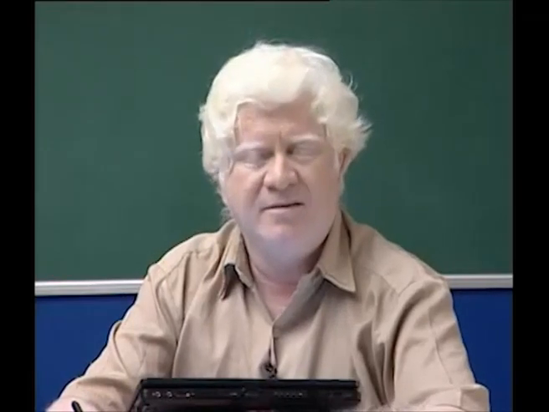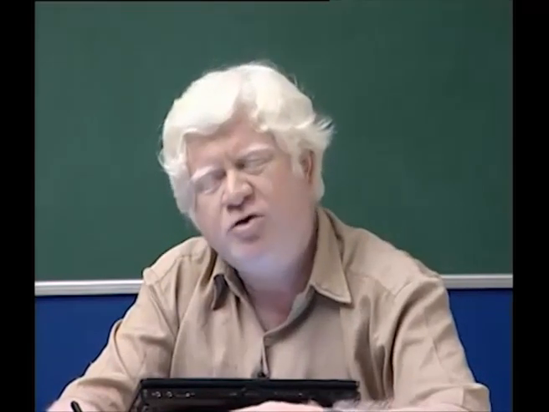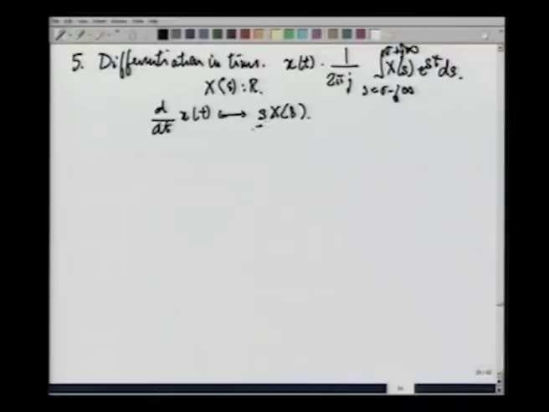So, on this argument we can say that the ROC of s X of s must be the same as the ROC of X of s, except for the usual proviso that if there is a pole at the origin in the expression for X of s, then that pole will cancel with the s that has now appeared as a factor, and the result will be an expansion of the ROC.